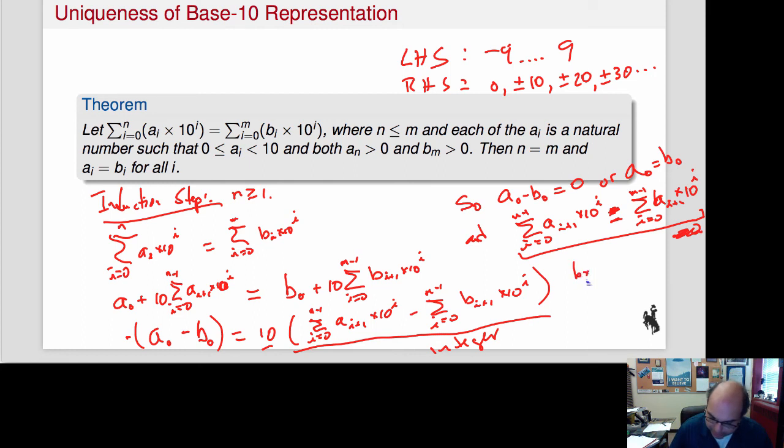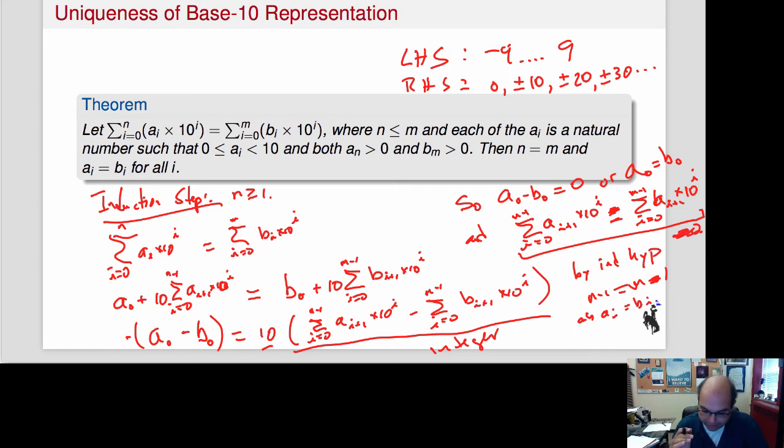So by the induction hypothesis, that means that n minus 1 is equal to m minus 1, and all of the a sub i are equal to all of the b sub i. So it's true for a0 and b0, and it's true for a1, b1, a2, b2, all the way up to a sub n, which is equal to b sub n. So that finishes the proof.